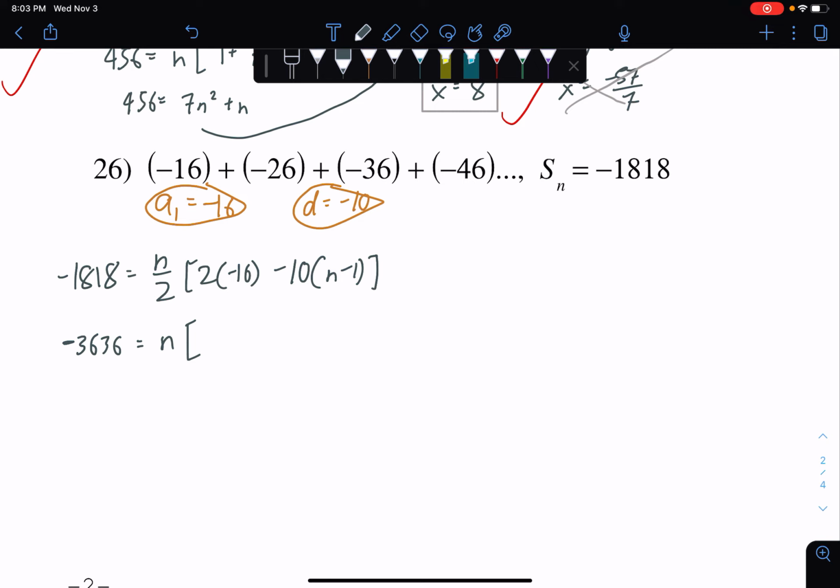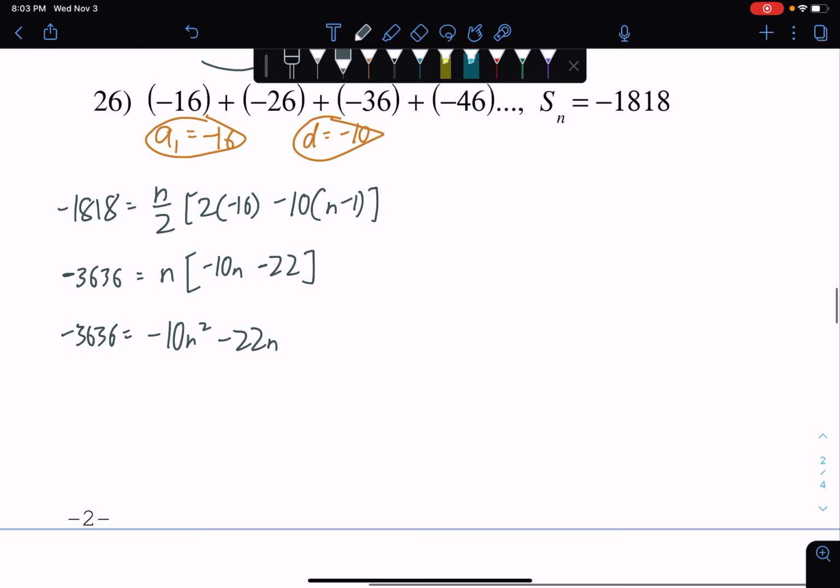Our quantity, let's simplify. We have negative 10n. 16 times 2 is 32. Put a negative sign. Negative 32 plus 10. It's basically 10 minus 32. We get negative 22. So in that regard, negative 3636 is equal to negative 10n raised to 2 minus 22n. So let's further solve.